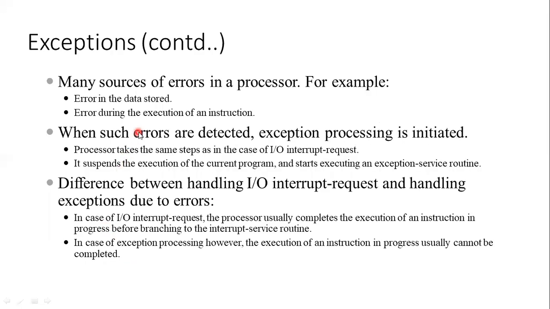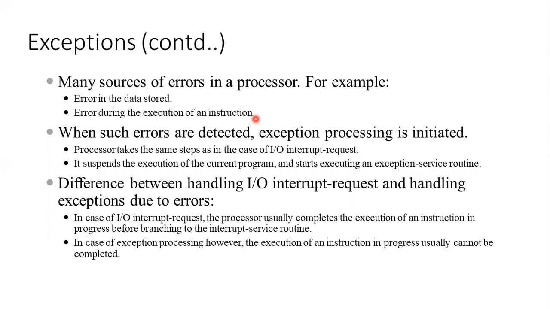There can be many sources of error in a processor. If you have multiple sources of error in the processor, then an error in the stored data will be considered. An error during the execution of an instruction, meaning you are executing a program and some error has occurred, is again called an exception.